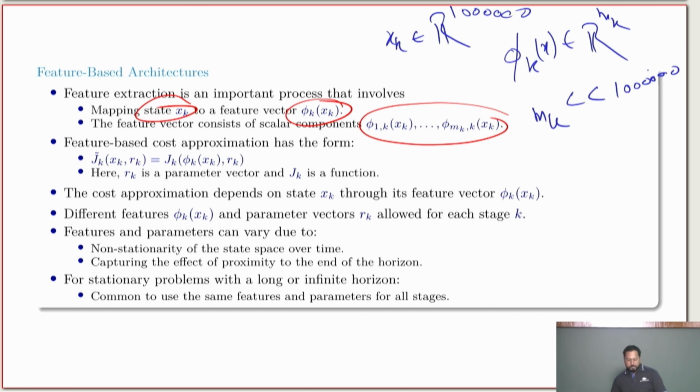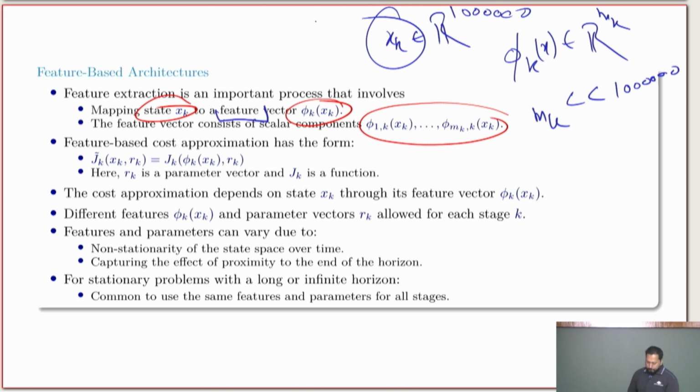Now how did we extract these features? Well, I did not tell how we do this, but let us assume we do it somehow. Then given a state, we extract certain features, and ideally those features should be much less than the state itself.